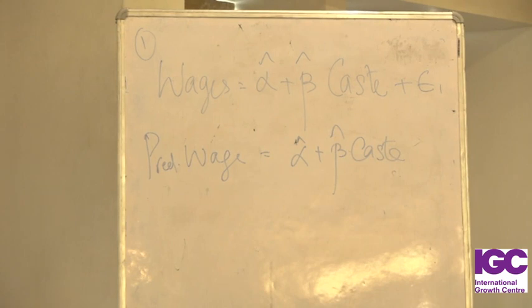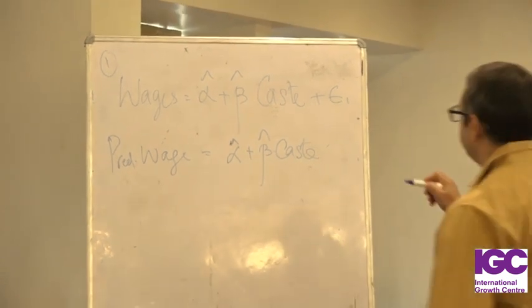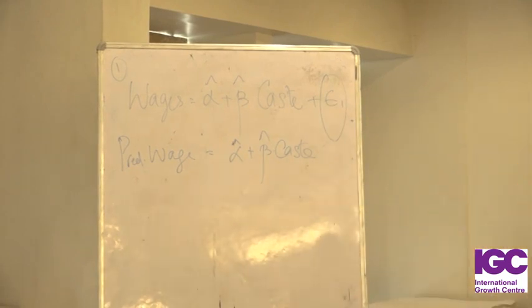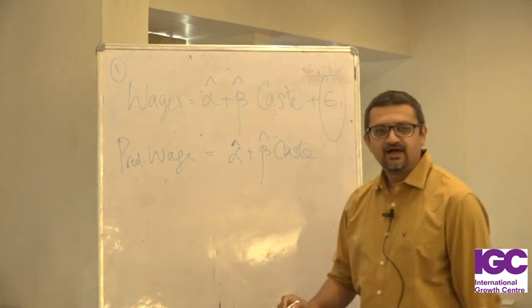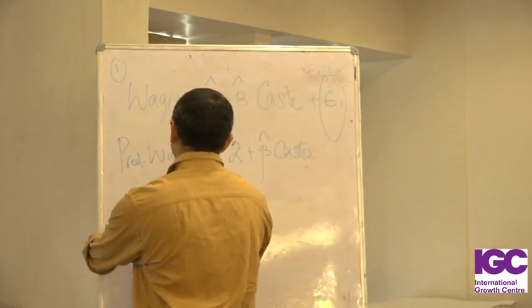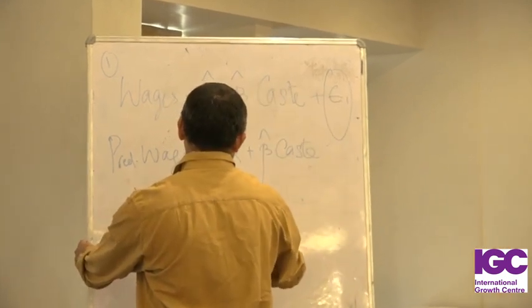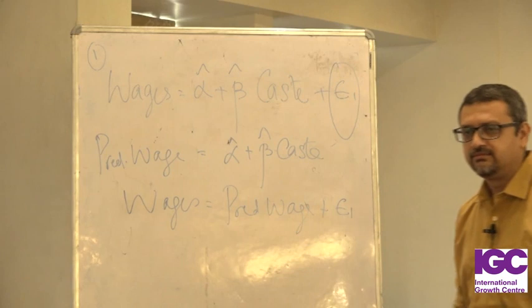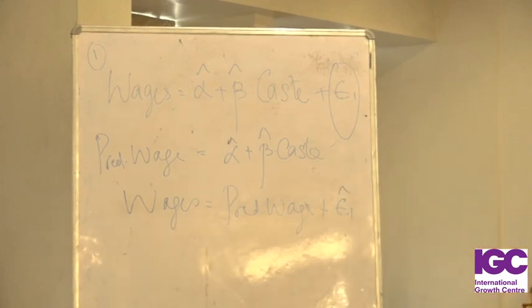In that equation, this part. Right. So I have just used caste for prediction, and I predicted something which is this predicted wage, right? And so wages, basically the actual wages for everyone, is just the predicted wage plus that term. Yeah. I put a hat because of predictions. Ram Guha once made a joke about econometrics, that the only thing he remembered from econometrics is some letters wear hats and others don't.